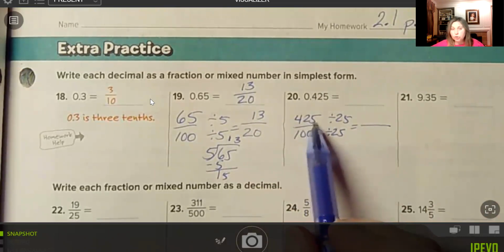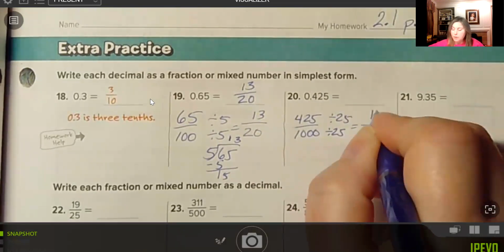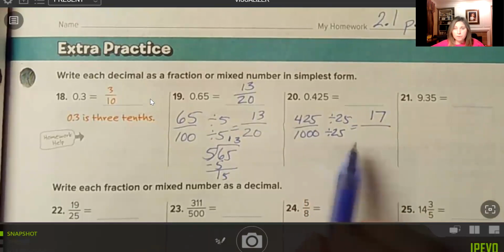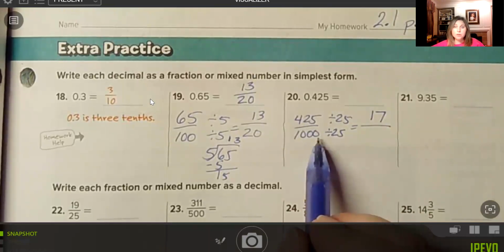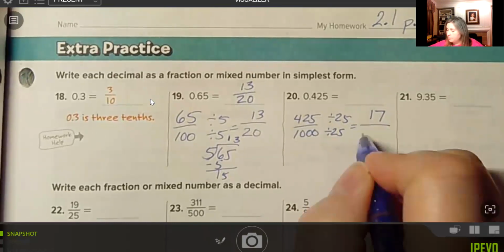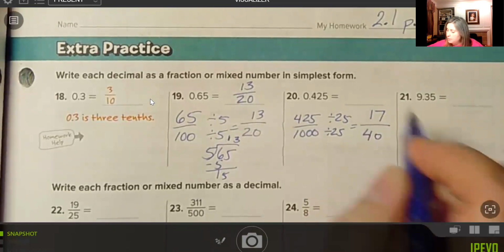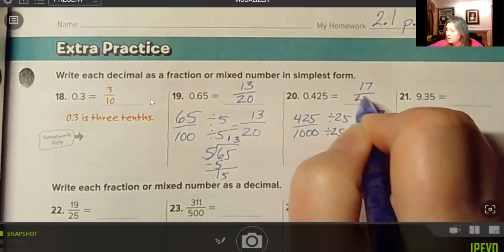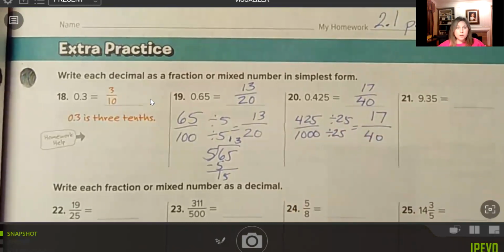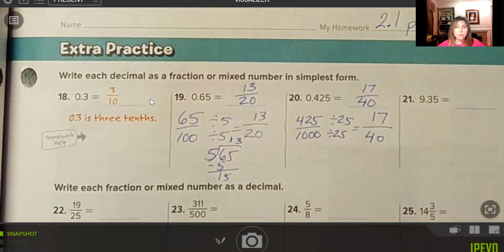And then we have this extra 25, so that's 17 times. And 25 would go into 100 4 times, so it'll go into 1,000 10 times as much as that, so 40 times. So we get 17/40ths, and 17 and 40 have a GCF of 1, so we can't simplify that fraction further.